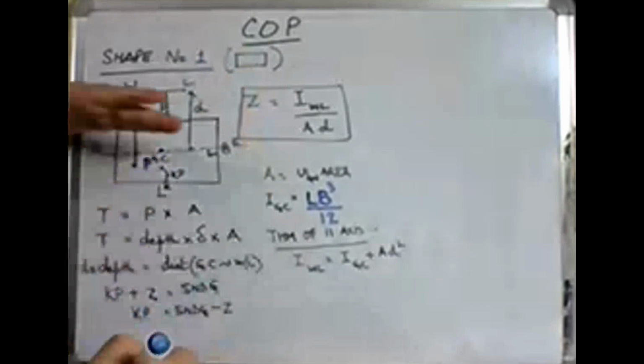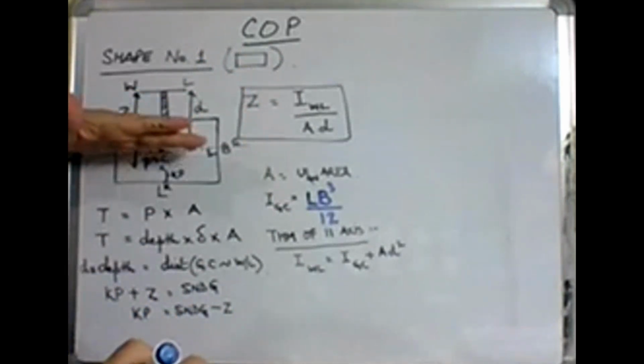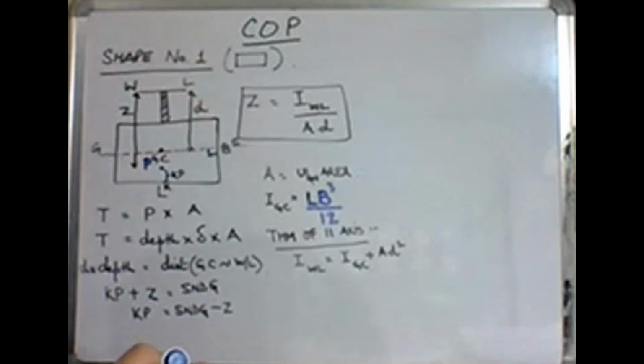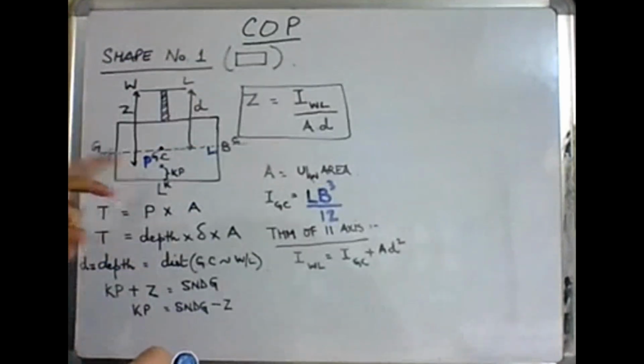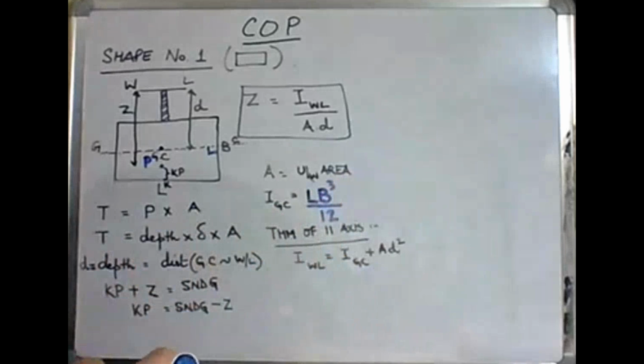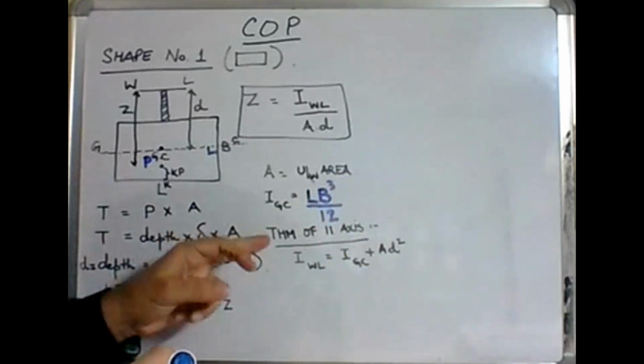मतलब moment of inertia will keep on increasing if you keep shifting the axis as far away as possible. Moment of inertia of this shape will keep increasing at the rate of AD square. This is what the theorem of parallel axis says.